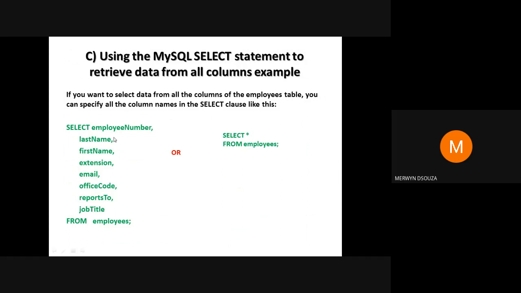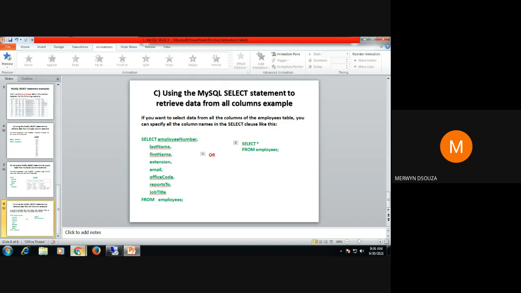Since there were 8 columns, you could have easily mentioned the 8 column names. But what if your table contained 100 columns? You could have still written it, but it is time consuming. So the better and easier way would have been to say select asterisk from employees. Both these queries are going to select the entire data from the table. So this is about your MySQL select statement.